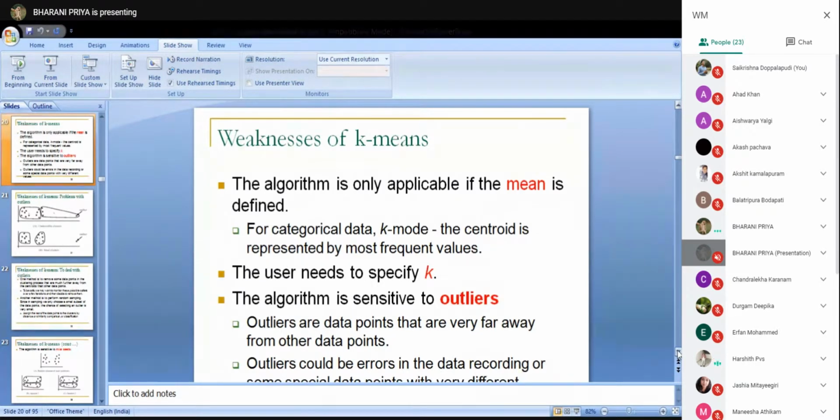Mean is the average, right? Yes, ma'am. So the data will get biased. For example, I want to find the average salary of the employees for a given organization.